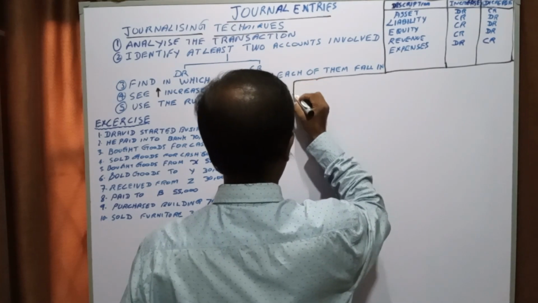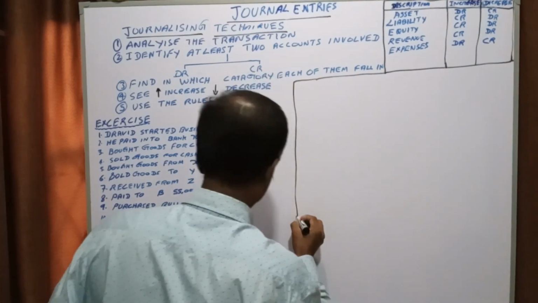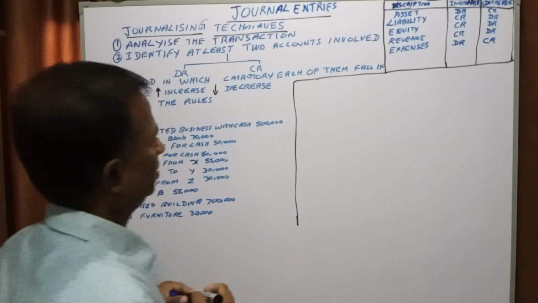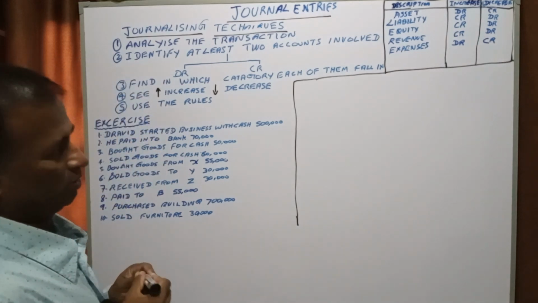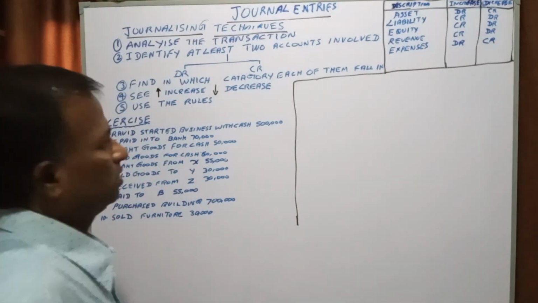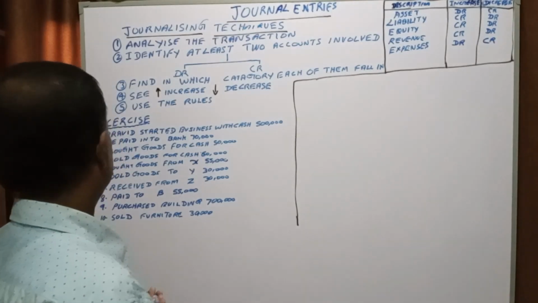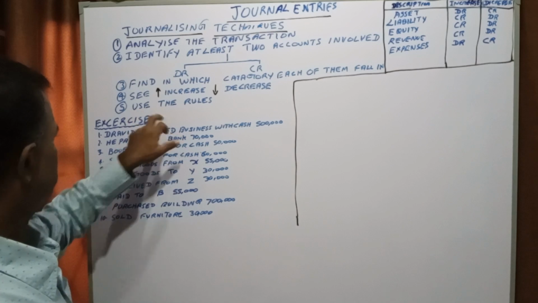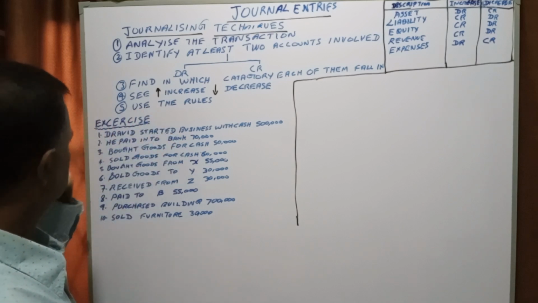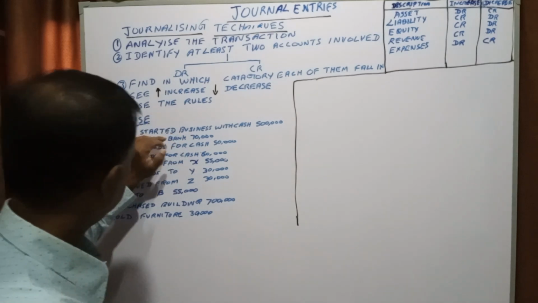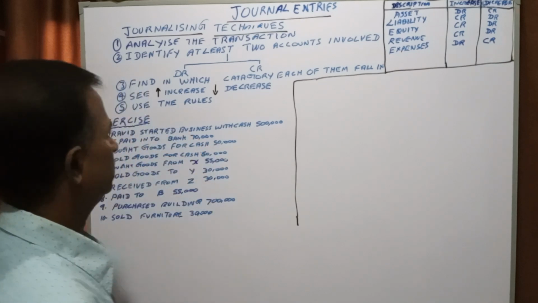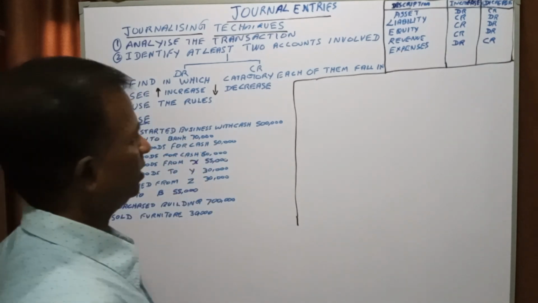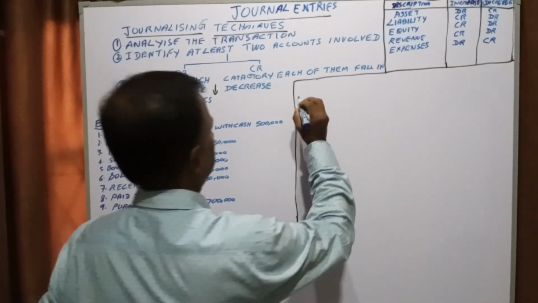Exercise. Okay, so first, in this problem, number one: Dravid started the business with cash 500,000.